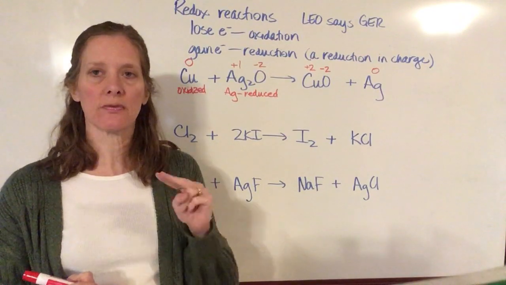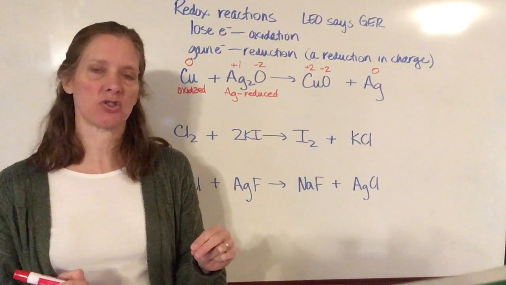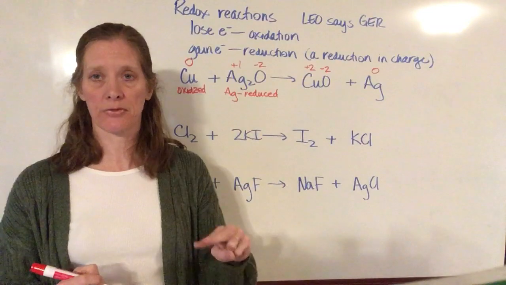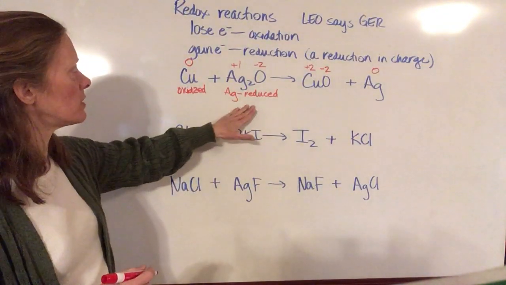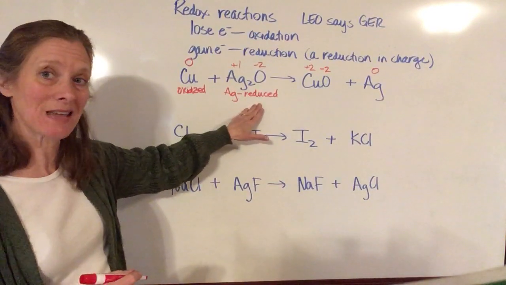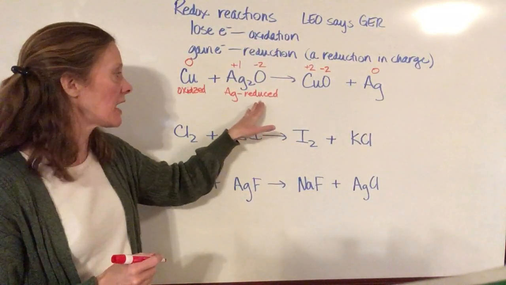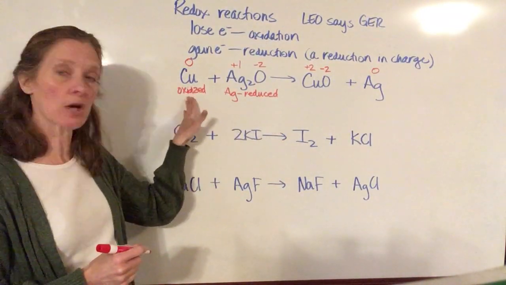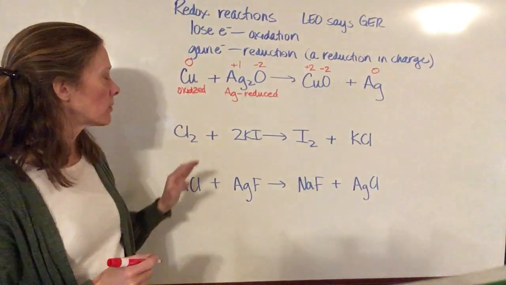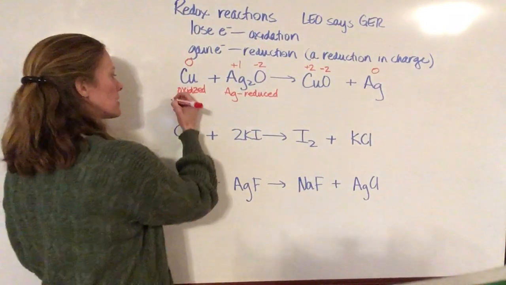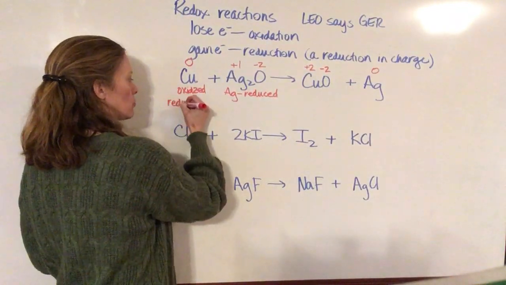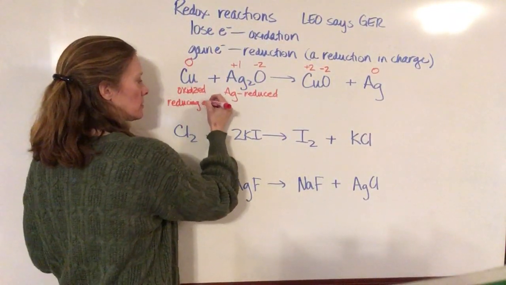And if you don't have one of each, then that means you've made a mistake, because you can't have one without the other. They have to go hand in hand, because this, which is going to be gaining electrons, has to get them from someplace, and so that means it had to get these electrons from this copper, which had been oxidized.